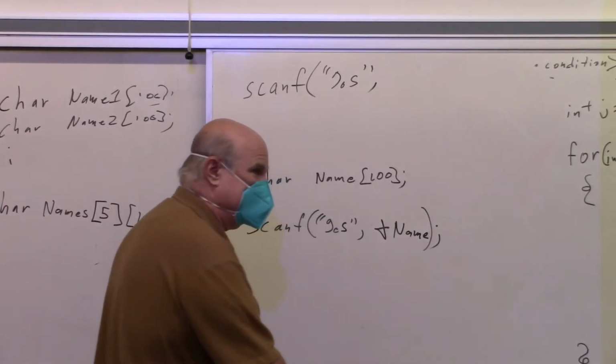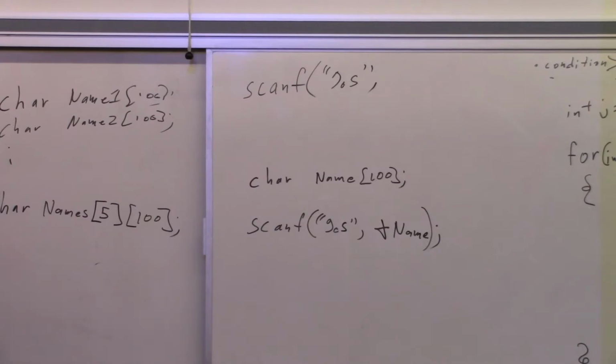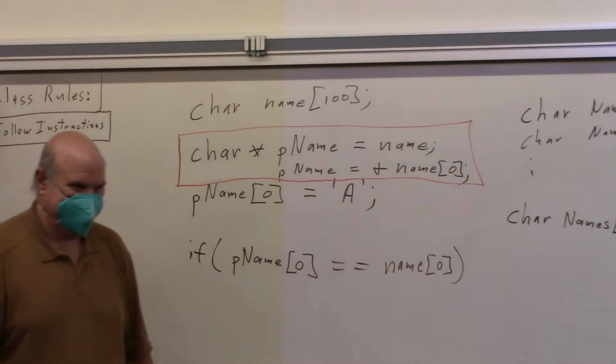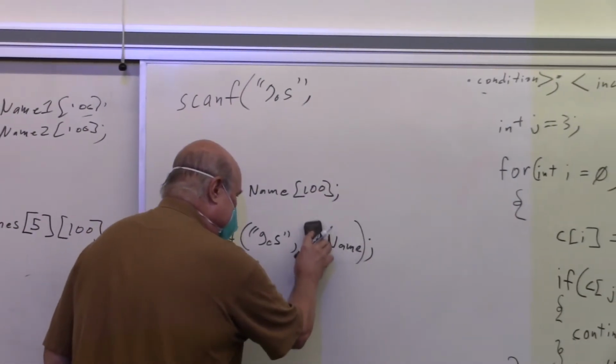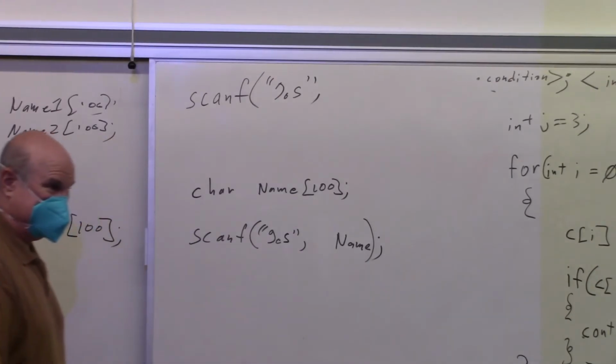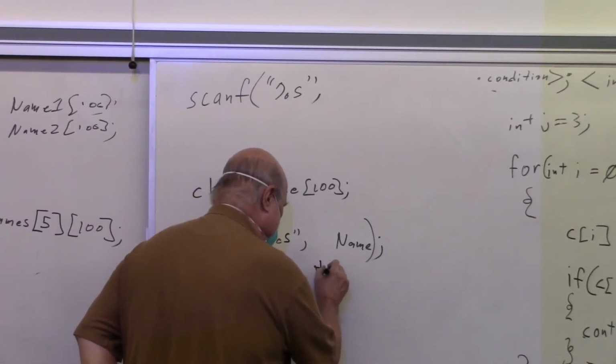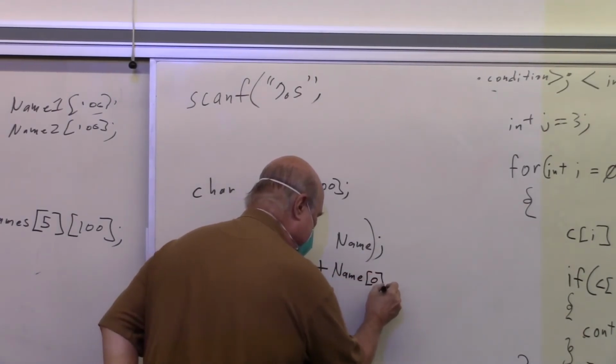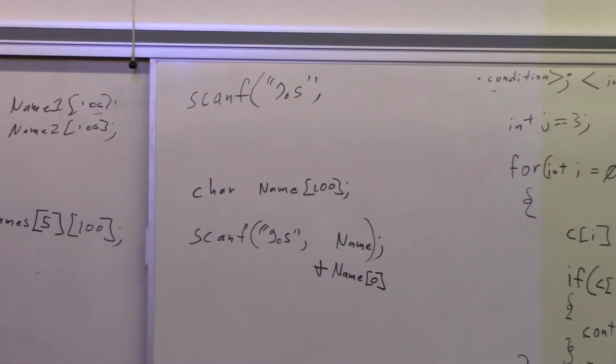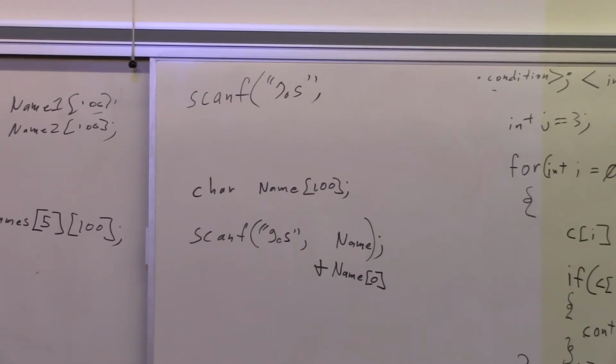Okay, a reference to name. What is name already? Name is already a reference. It's already a pointer. So that's the simplest way. It would also be perfectly valid to give it a parameter of a reference to name sub 0.